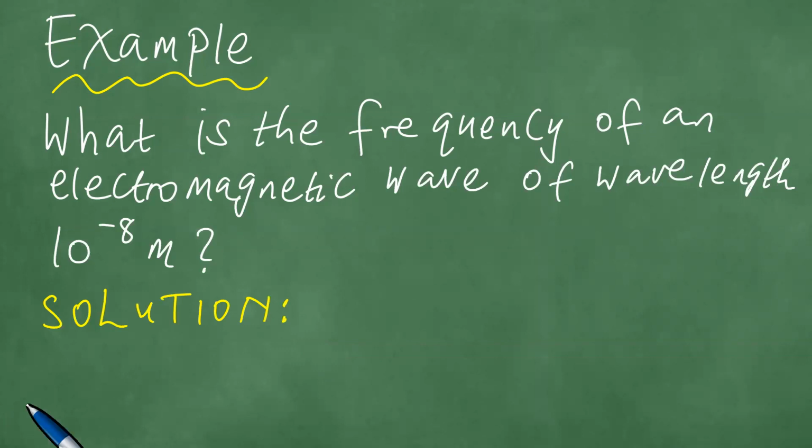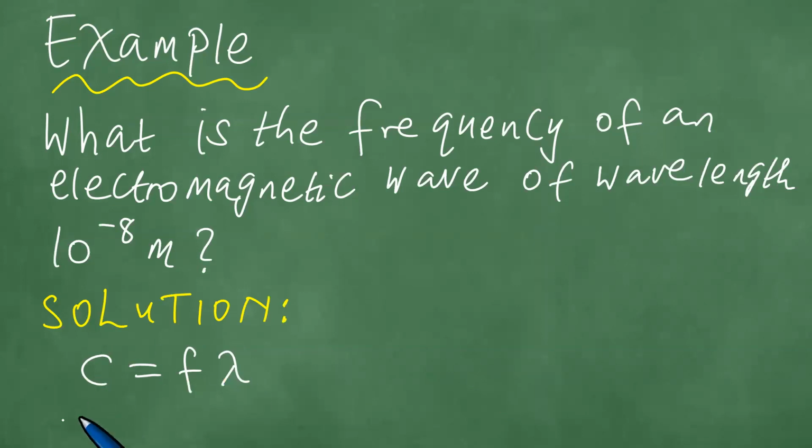Yeah. Right, so it's E equals F... please come again. E equals F and lambda. Okay, yes. It is C equals F lambda. That is the formula. And then obviously now we want to find the frequency.